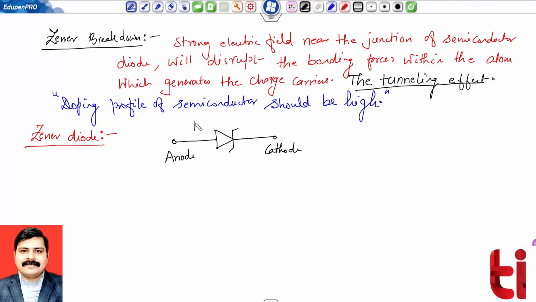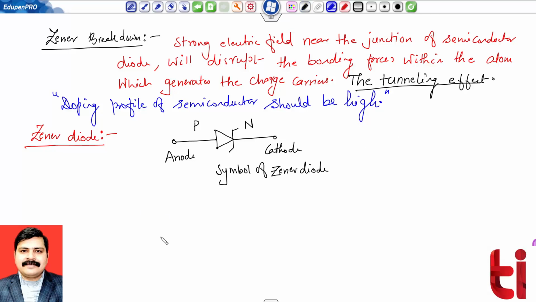So again, this is my P side, this is my N side, and you can see that there is a minor variation rather than the vertical lines. Now it is having a stretched edge. Okay, so this is my symbol of Zener diode.